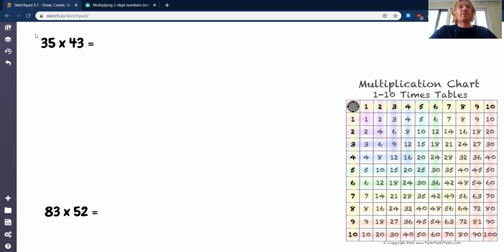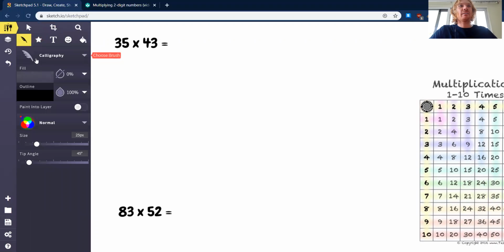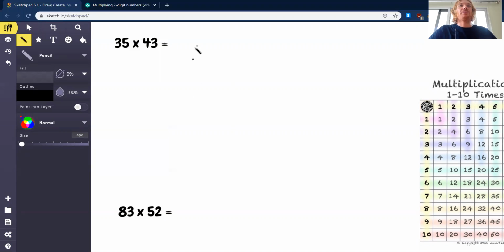Now, the first thing I'm going to do, 35 times 43, is I'm going to write that out. I'm going to get my nice pencil, and I might just size up a little bit. I think size 4 will do. I'm going to have to write down 35 times 43.